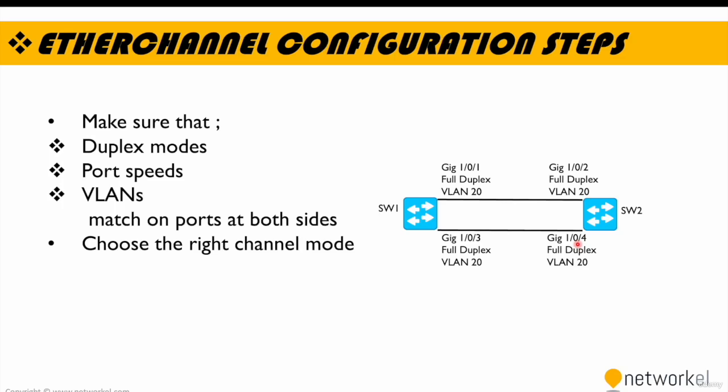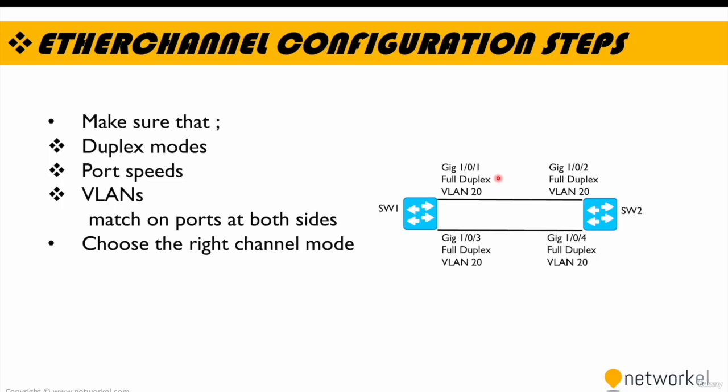And lastly, of course, we need to choose the right channel. For example, if this is a gigabit Ethernet port and the other is a fast Ethernet port and you are connecting them together and trying to establish an Etherchannel, that won't work.